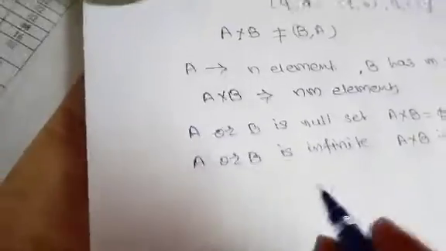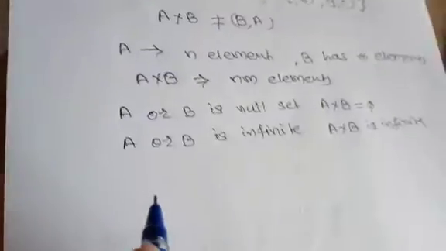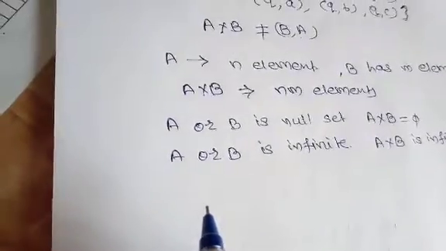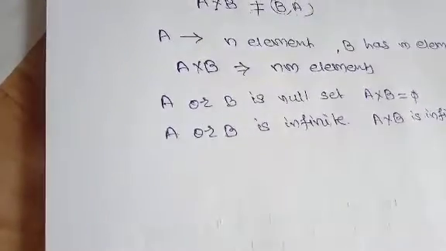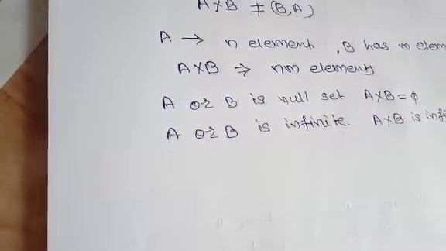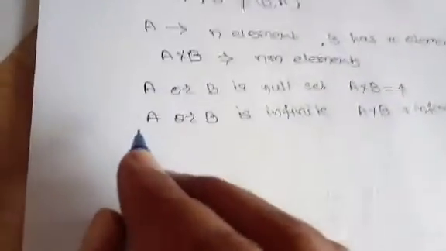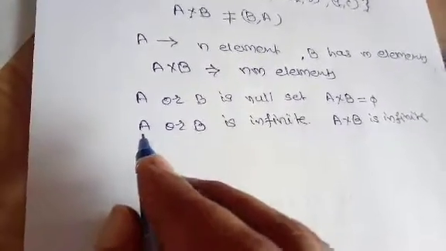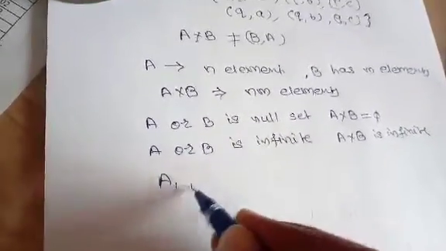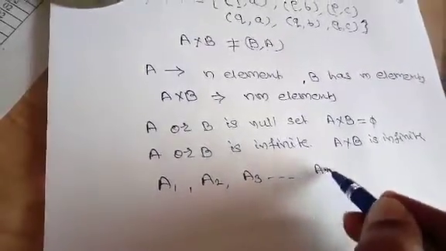Now, the product of sets in general. We can generalize the definition of the product of sets. We have seen the Cartesian product of two sets. Suppose there are sets A1, A2, A3, ..., An.